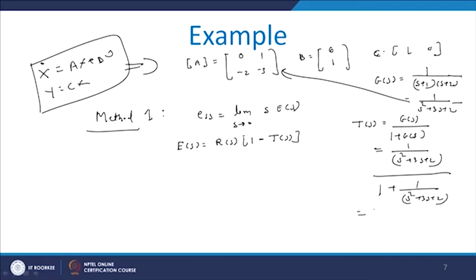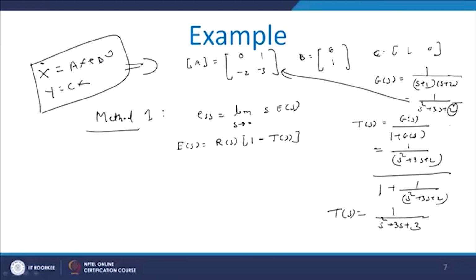So, if you solve it, what will we get? This s^2 + 3s + 2 cancels, and 1 will remain in the numerator. So, here s^2 + 3s + 2 + 1, this is 3, and this is the T(s). So, we will find that in open loop for this example the last coefficient is 2, whereas in closed loop this 2 has been increased by 1.